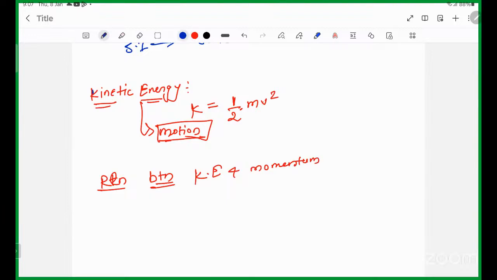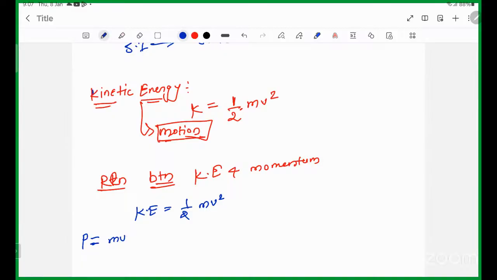In this case, we know that kinetic energy is equal to 1 by 2 mv square. And in case of momentum, it is mv.